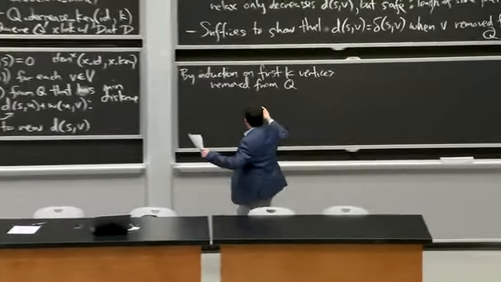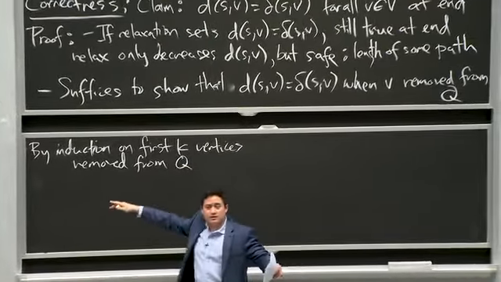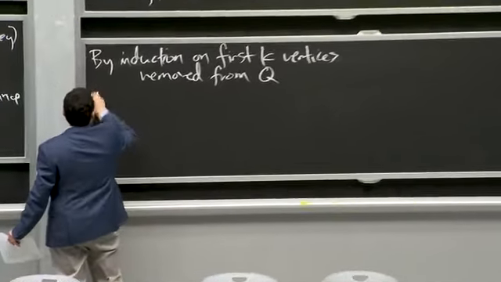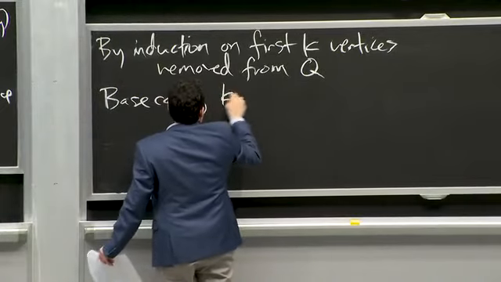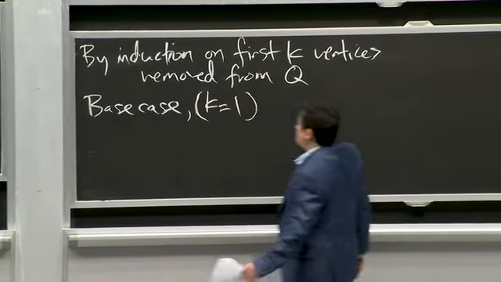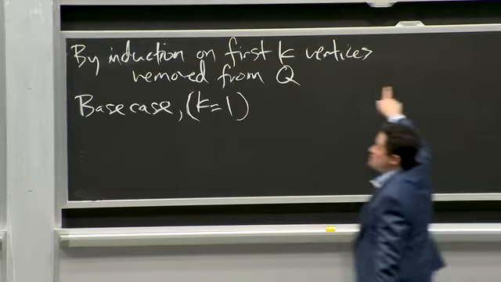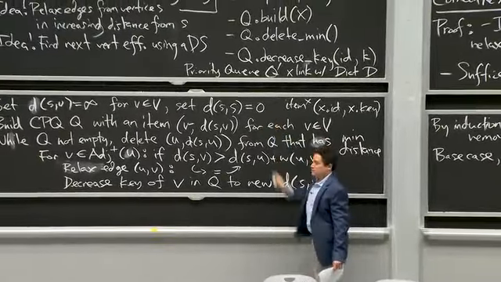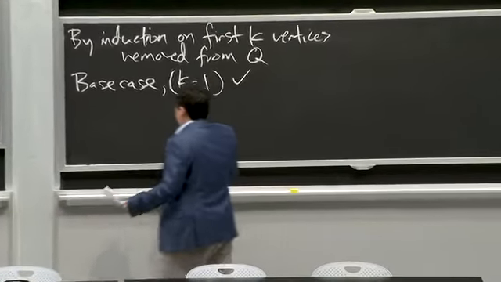So I'm going to just argue that this claim is true for the first k, right? Clearly that's true for k equals 1, base case. What is k equals 1? That means the first vertex that I pop has this property, which is definitely true because we set the shortest path distance to s to be 0. That's all good. Okay. Now we have our inductive step.